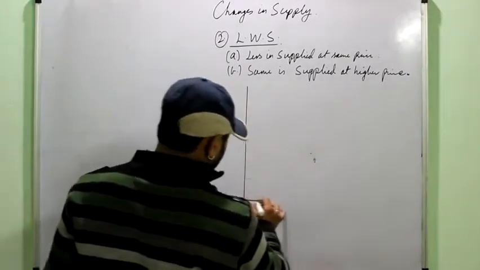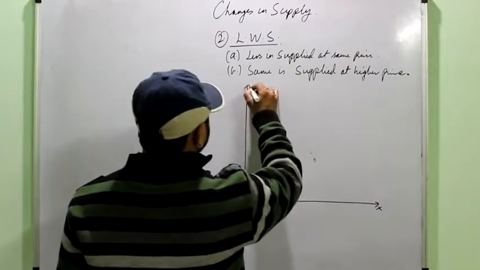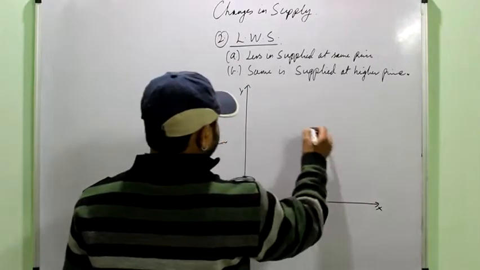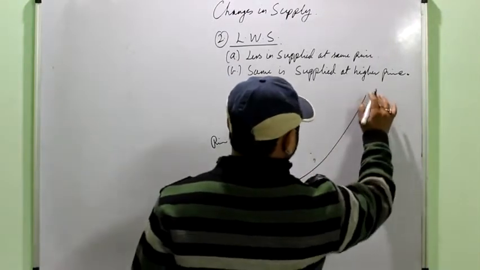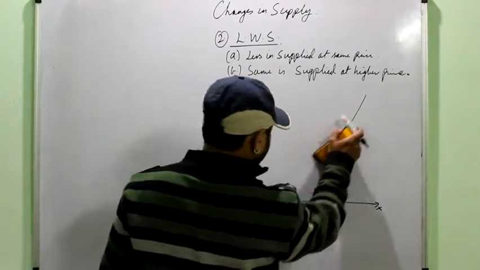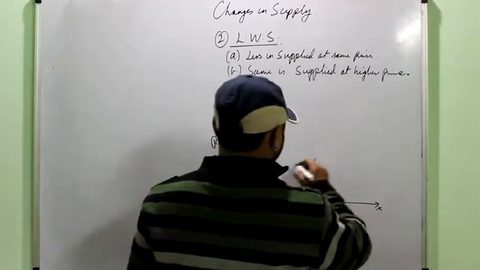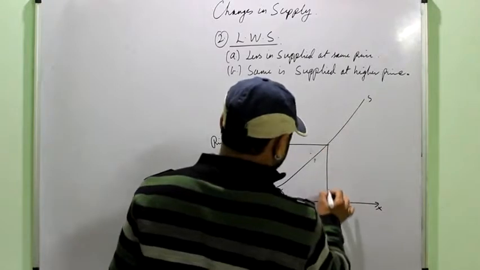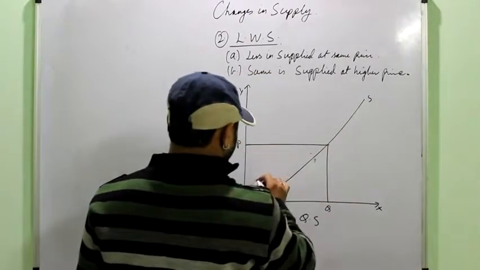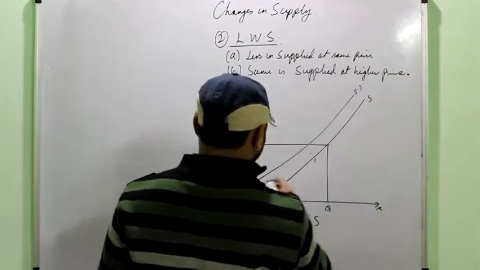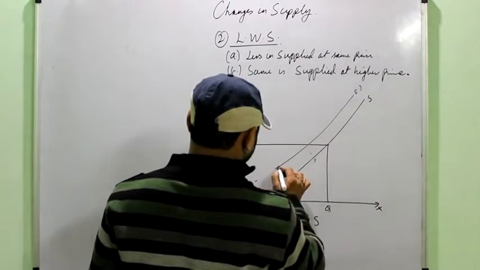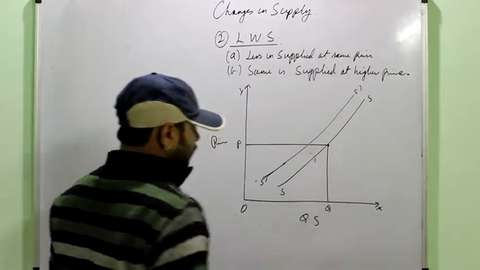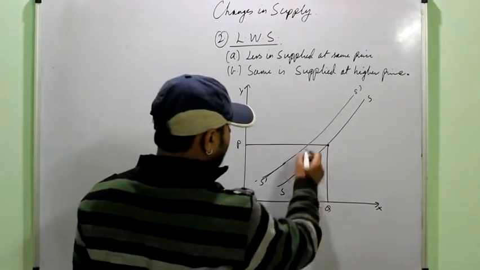Okay, when we look at the diagram for the leftward shift. So suppose this is your initial supply curve. This is the supply curve to the left of it. So this is your initial point where price is OP and quantity supplied is OQ.